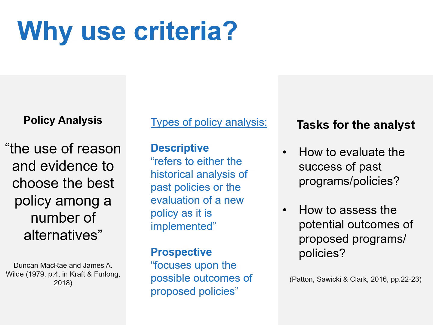For instance, what would be the likely impact of expanding Medicaid eligibility in a state? In both cases, criteria guide us. They tell us what outcomes to measure and how to compare alternatives, and the analyst's tasks are to evaluate past performance and forecast potential results.